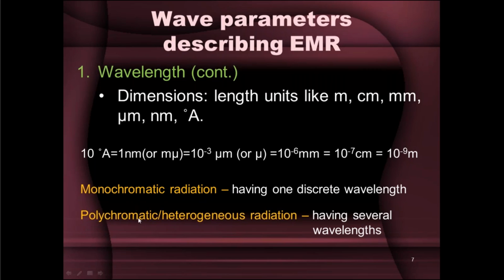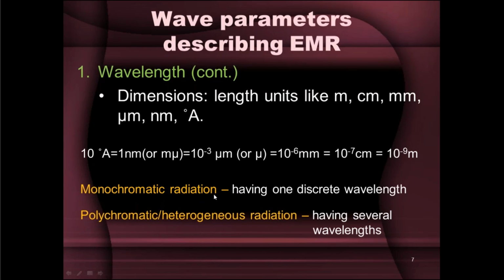Now, electromagnetic radiation could be of two different types. It could be monochromatic radiation, or it could be polychromatic or heterogeneous radiation. What does that mean? We'll be frequently coming across this term in the instrumentation of spectroscopy, where generally monochromatic radiation is used. So what is monochromatic radiation?